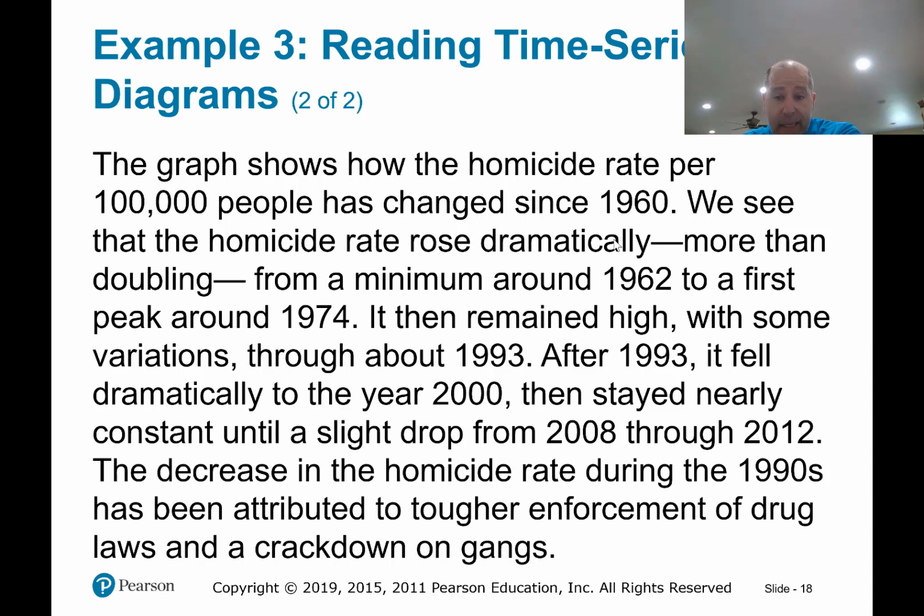It then remained high with some variations through about 1993, and after 1993 it fell dramatically to the year 2000, then stayed nearly constant until a slight drop from 2008 through 2012. The decrease in the homicide rates during the 1990s has been attributed to tougher enforcement of drug laws and a crackdown on gangs.